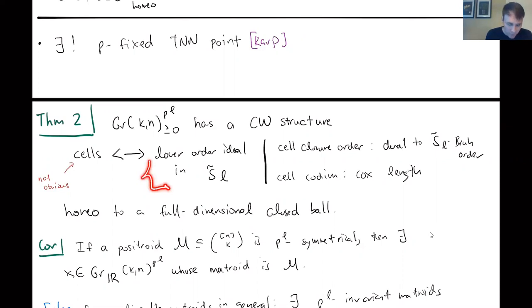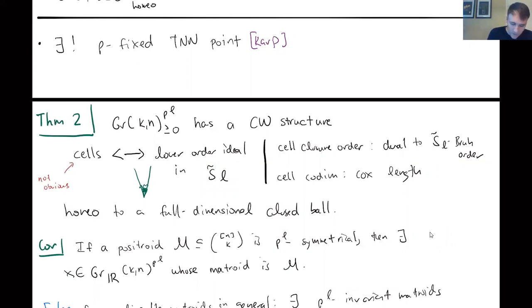But this time, if you're working rho to the L symmetrically, you work in the affine symmetric group on L symbols. So if you want to study rho cube symmetry, you work in S tilde 3. And it's interesting because in the previous statement, you would think of this as being associated to something like Gr(k,n), and you'll get some kind of small order ideal.